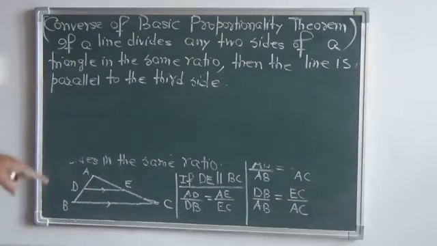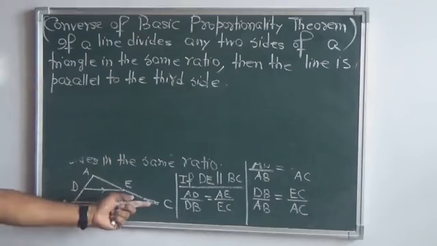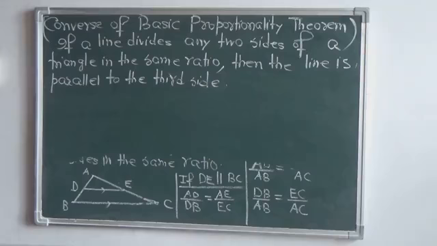If a line divides any two sides of a triangle, suppose this line DE divides AB and AC in the same ratio, then we can say that this line DE is parallel to the third side, that is BC. Okay, so this is the basic proportionality theorem and its converse.